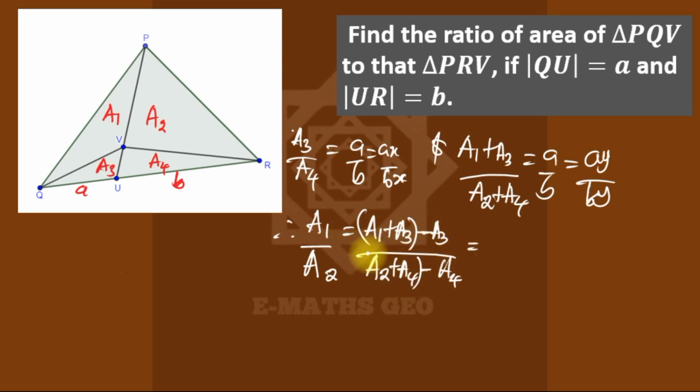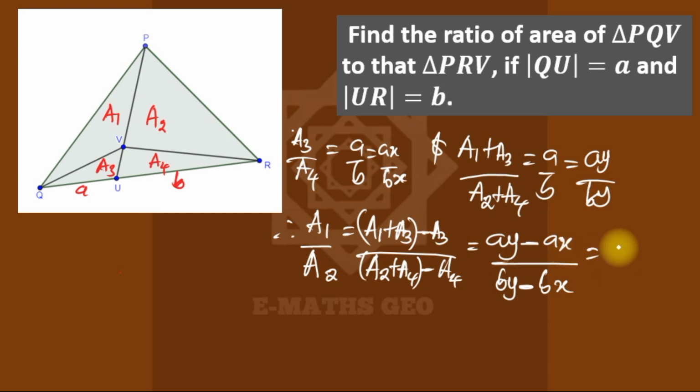The actual area of A1 plus A3 is AY, minus A3 which is AX, over the actual area BY minus BX.